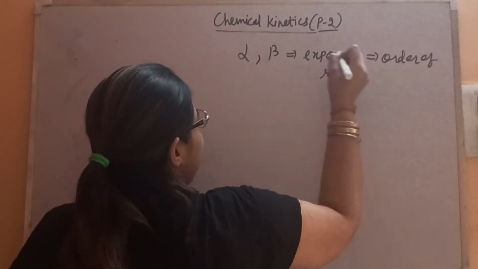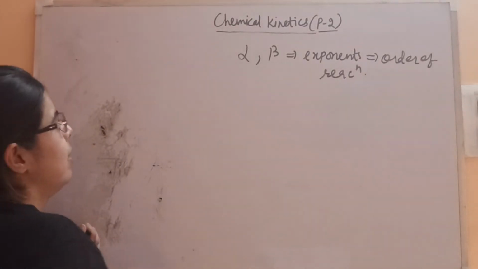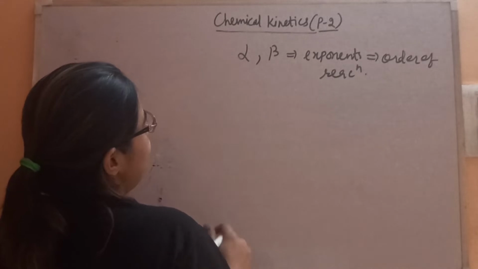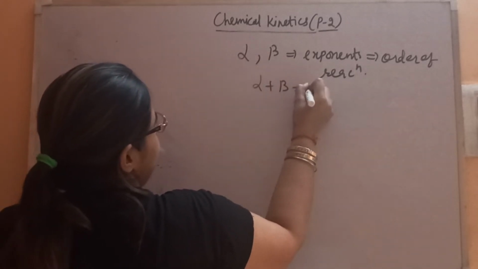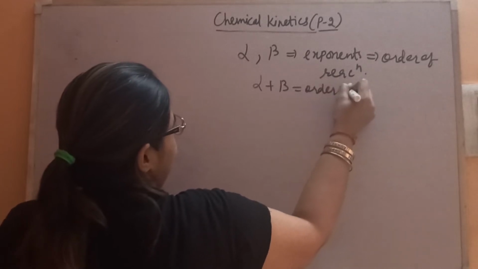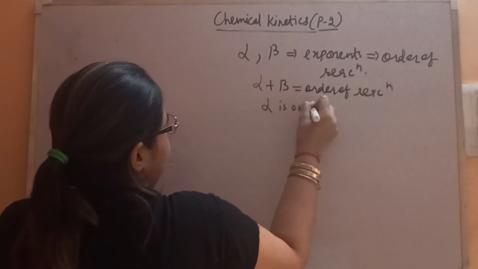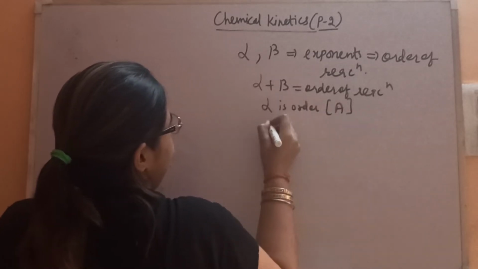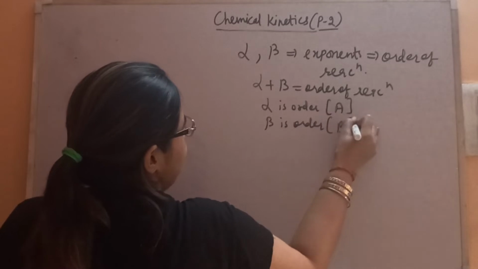So this is a new term related to the concentration of reactants. Alpha and beta together are known as the order of reaction. Alpha plus beta is equal to the order of reaction, where alpha is the order with respect to concentration A and beta is the order with respect to concentration B.